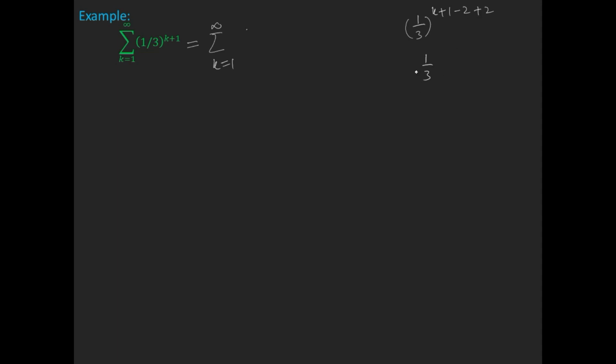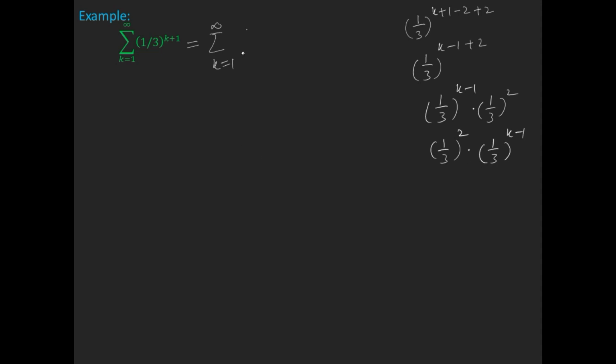So 1 over 3 power k plus 1 minus 2 is k minus 1 plus 2, and 1 over 3 power k minus 1 multiplied by 1 over 3 power 2. We will put it like this, 1 over 3 power 2 first and then 1 over 3 power k minus 1.